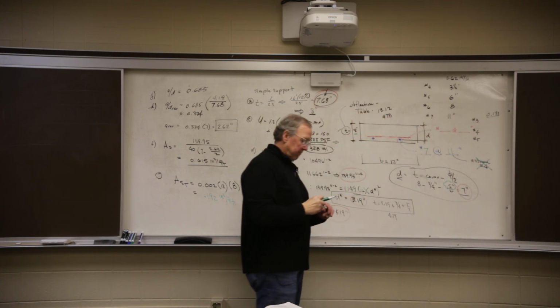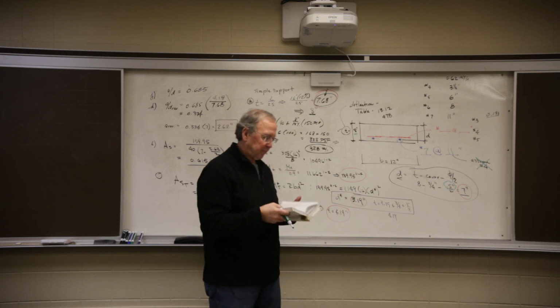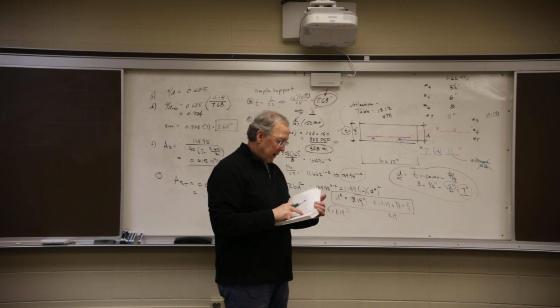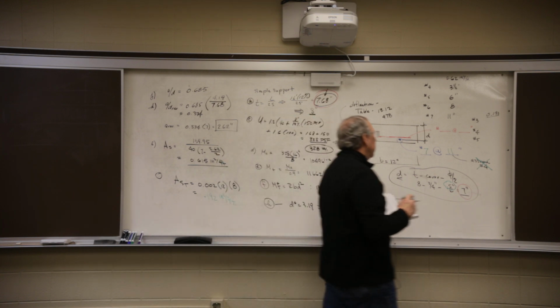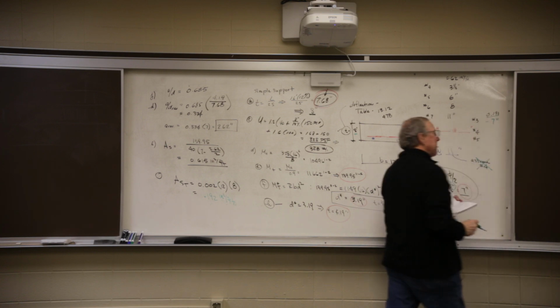So go to the table, same as we did before. Put your finger on 3. Wander down until you hit 0.19. And I hit 0.19 at 7 inches. So if I use number 3 bars, I have to put them 7 inches apart.